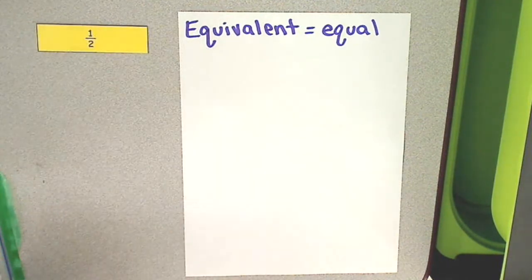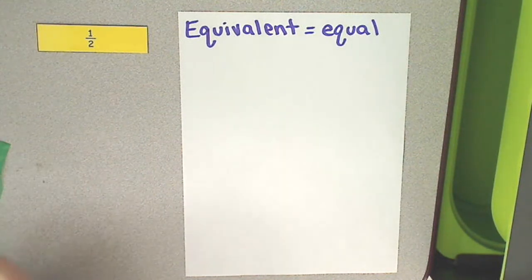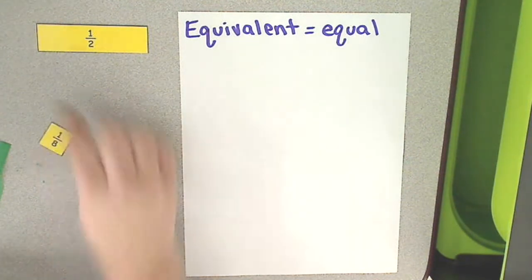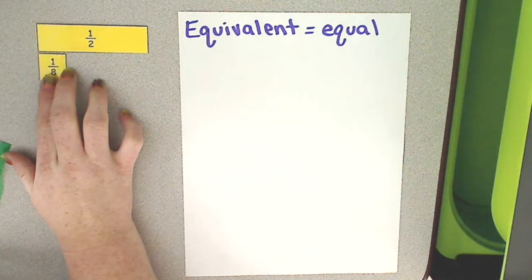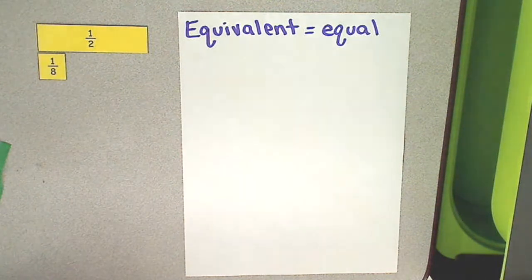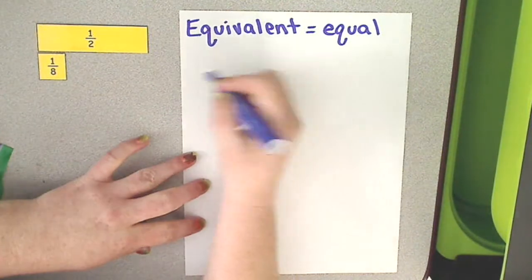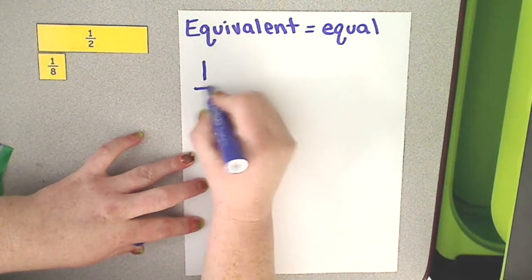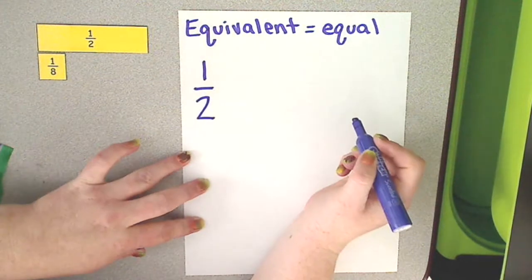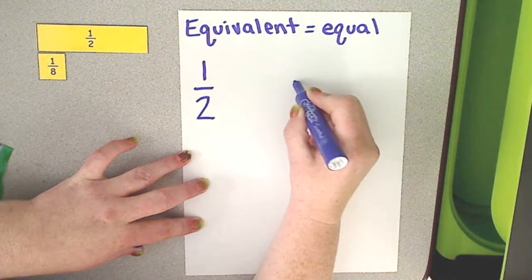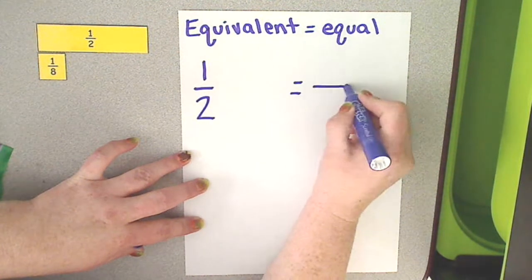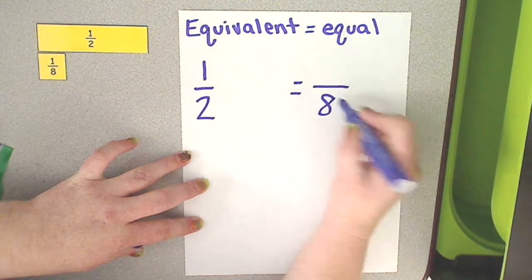Now, if I have 1/2, the goal in mind is to create a new fraction, with the denominator of 8, that is equivalent to 1/2. So let's write this down. I have 1/2, and eventually my goal is to get a fraction that has a denominator of 8.